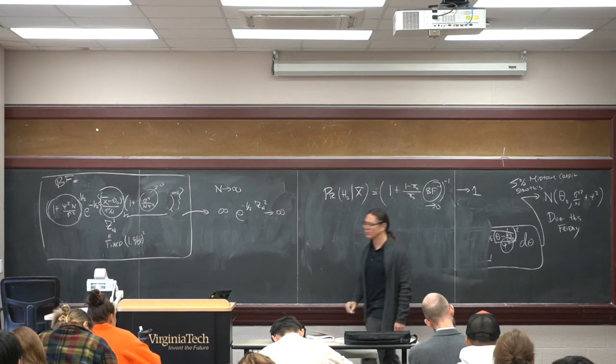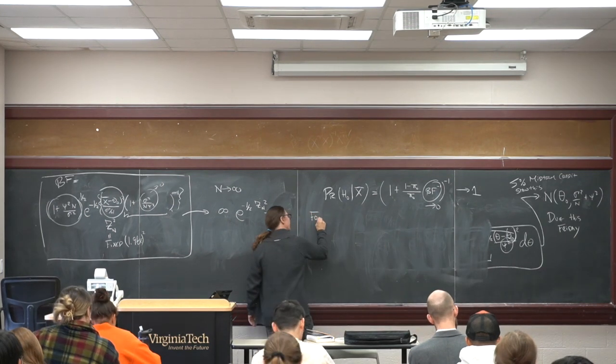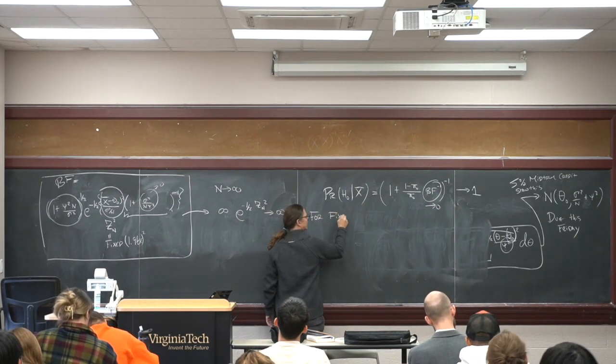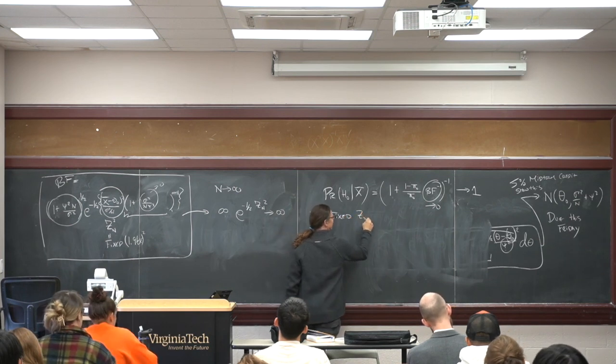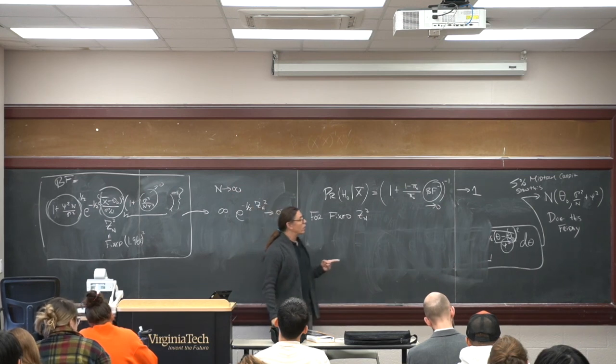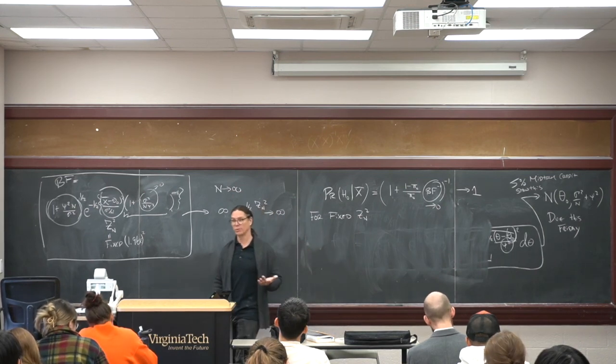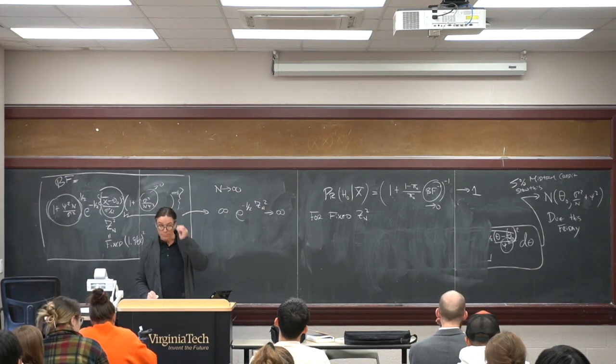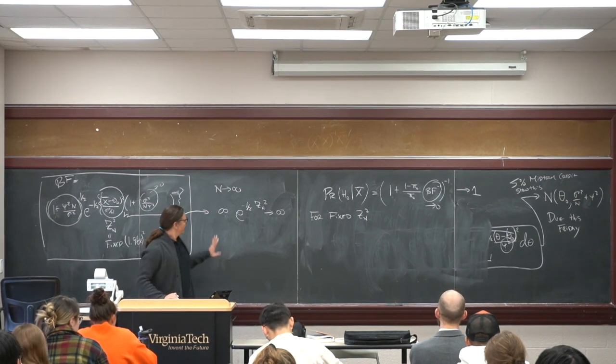So what that says is, for a fixed Zn squared, if it were 1.96 and n was really large, then you're thinking that the posterior probability is that the null hypothesis is true.